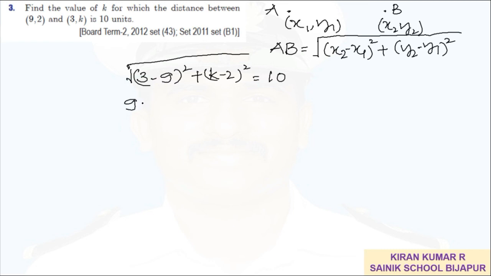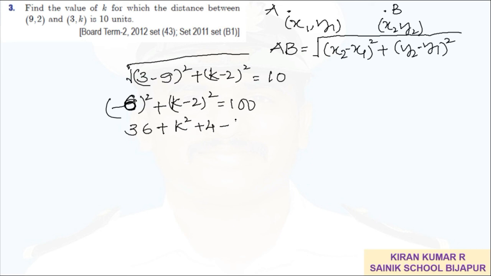It is (minus 6) whole square plus (k minus 2) whole square equal to 100. Let us further simplify. This is 36 plus k square plus 4 minus 4k equal to 100. We will be getting k square minus 4k minus 60 equal to 0.